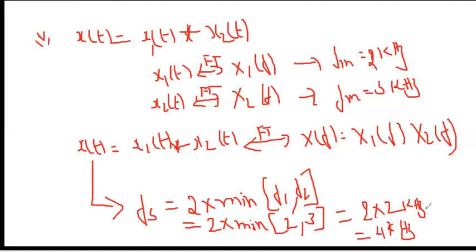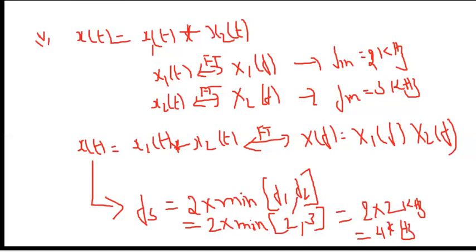The time domain is a convolution, so it is 2 into the minimum of the frequencies f1 and f2. The minimum frequency is 2, so you multiply 2 with 2 kilohertz and you get 4 kilohertz, my dear students, the sampling frequency for the given x of t signal.